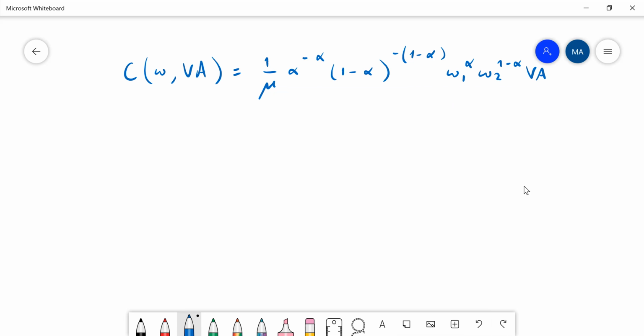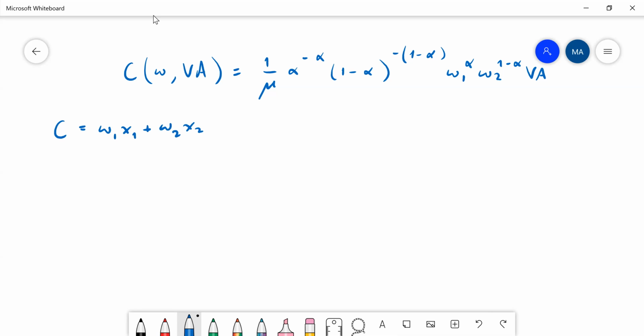So, total cost given the value added. Okay, so how do you know that? You put x1 and x2 star into this. This is your cost function.